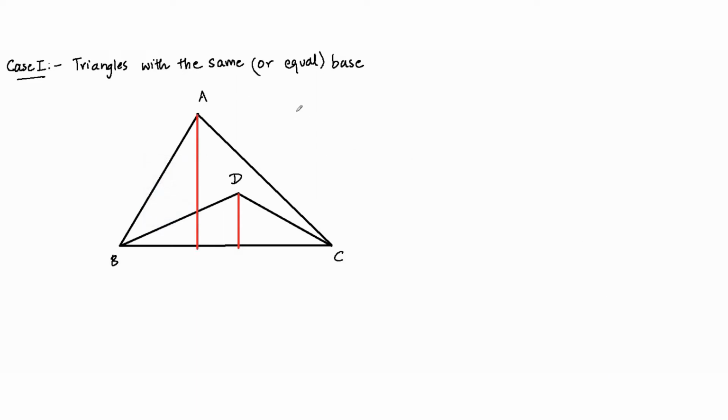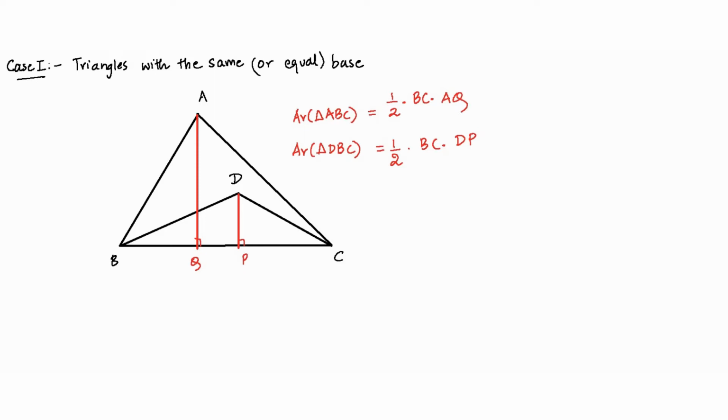Let's mark these as P and Q. If I consider the area of triangle ABC, then I can write it as half into the base BC multiplied by the height, which in this case happens to be AQ, right? Similarly, the area of triangle DBC is going to be half into the base BC multiplied by the height DP, right? So that's the altitude of the smaller triangle.